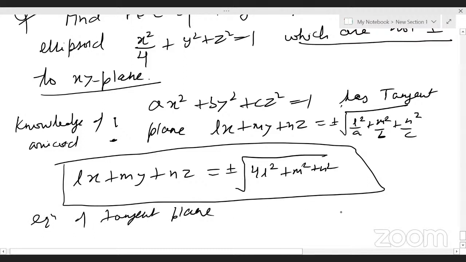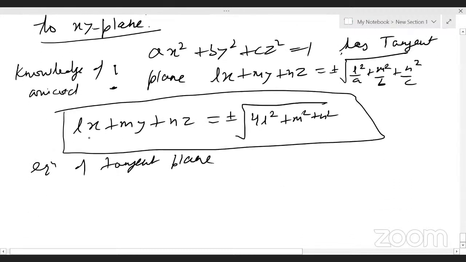Now it has given one more condition. Why? Because if you see, there are two independent variables x and y, but there are three constants l, m, n. So it can go to higher order, but it cannot because one more condition is given, that it is not perpendicular to the xy plane. If it were perpendicular to the xy plane, it would be parallel to the z-axis, then the angle between the normal and z-axis would be 90 degrees.